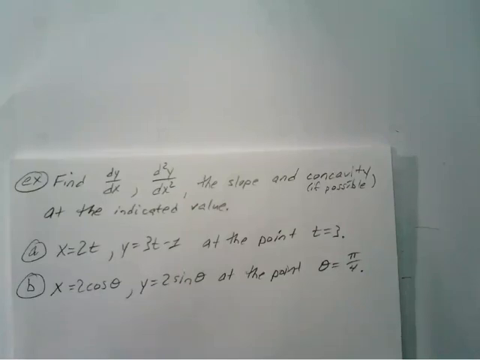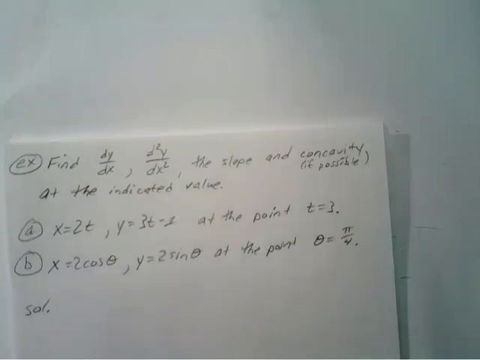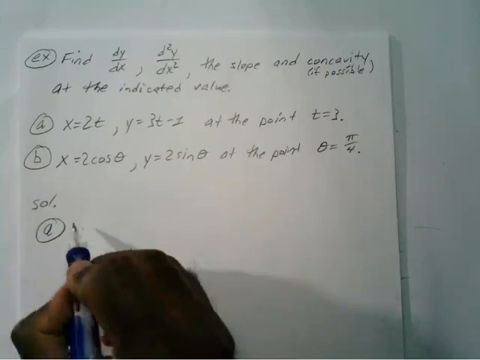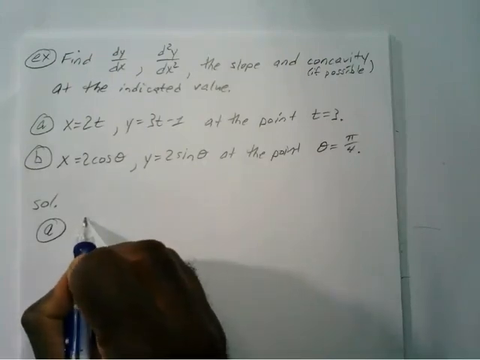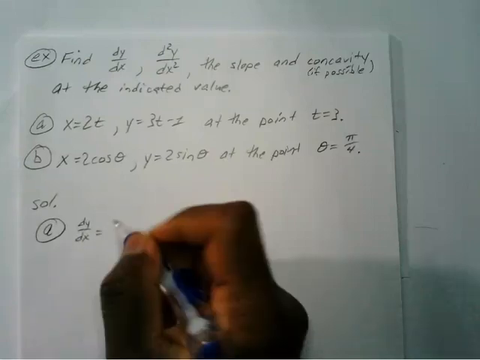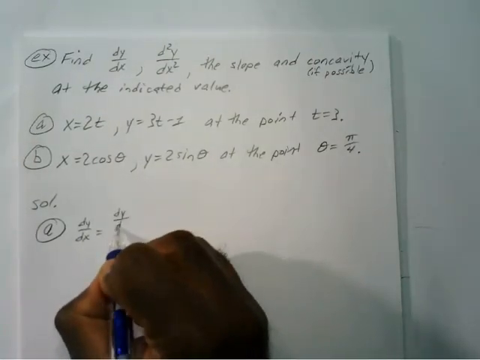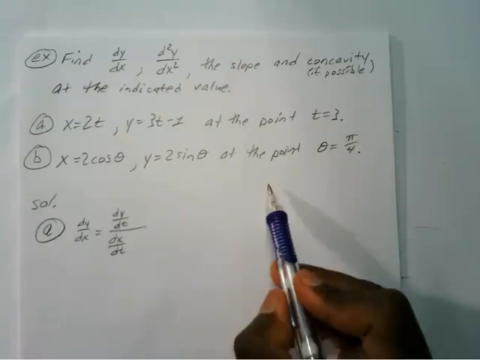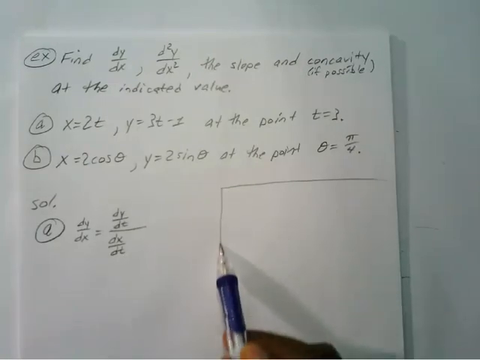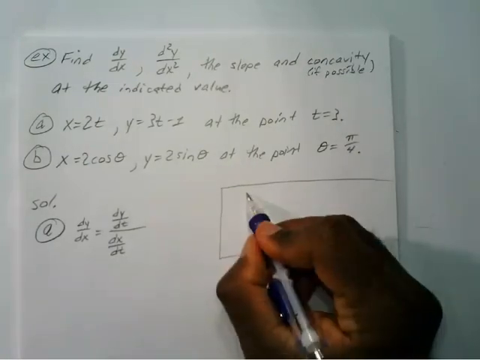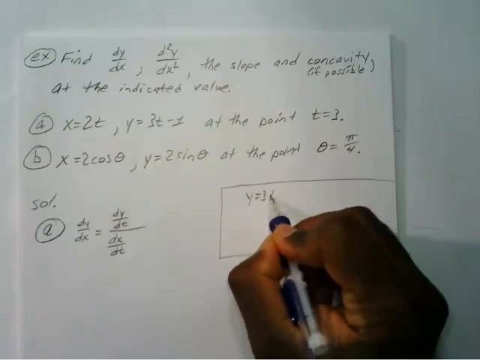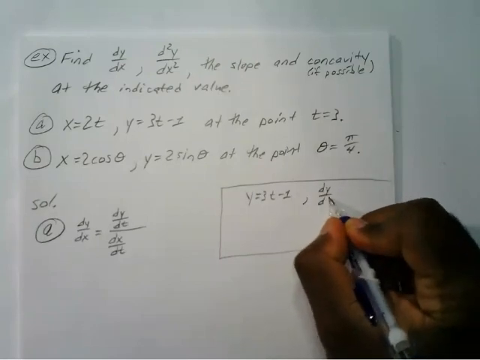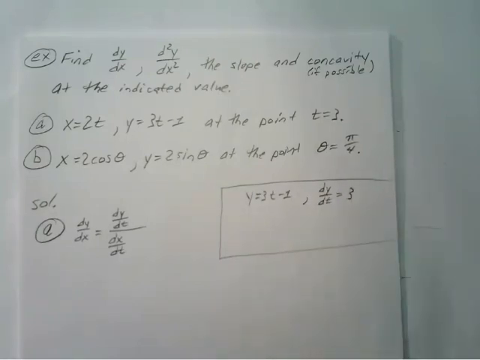Okay, so let's go ahead and get started on problem A. Move this up a little bit. For problem A, we know that dy/dx is equal to dy/dt over dx/dt. So we're going to work this out right over here. We know that y is equal to 3t minus 1, so the derivative of y with respect to t is equal to 3.